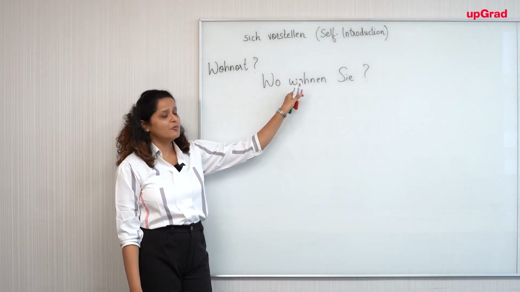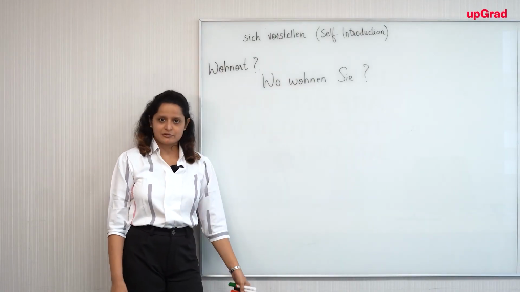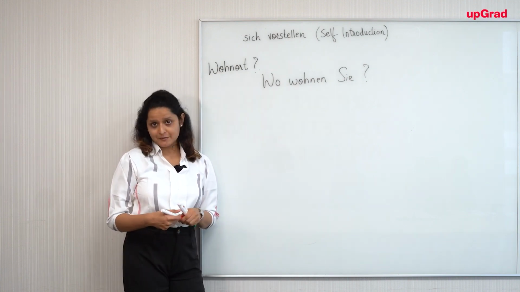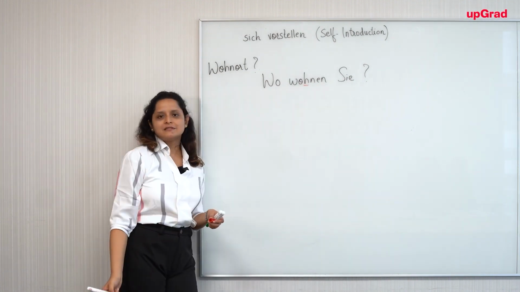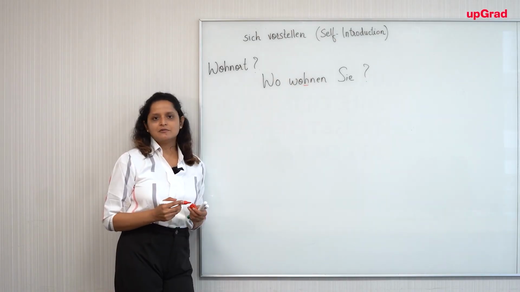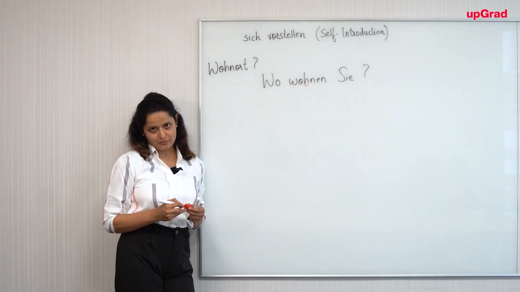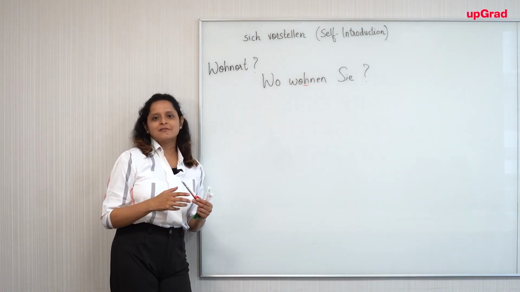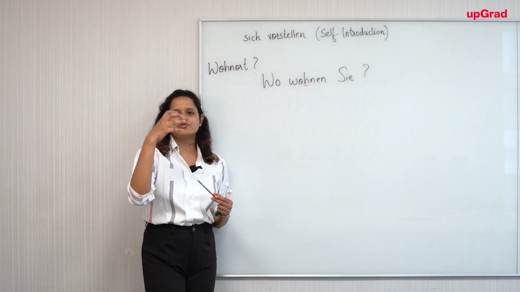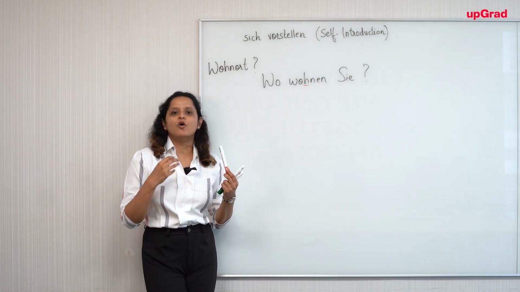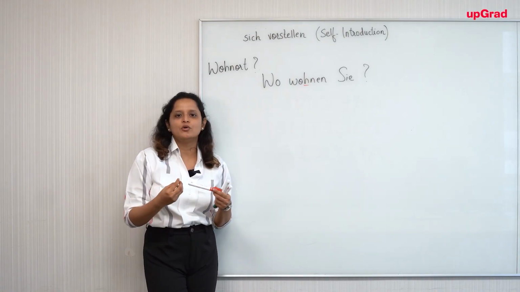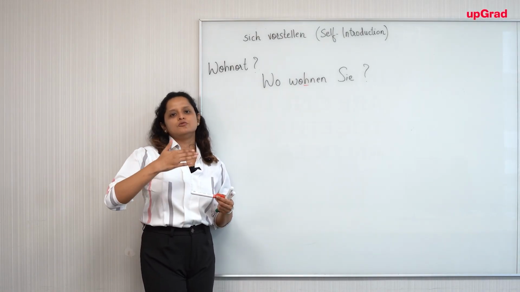If you look at the verb wohnen, wohnen means to live. And if you look at the pronunciation of it, this h is pronounced very subtly. So whenever you have the sound of h in Deutsch, the pronunciation is very subtle. We do not stress on that h a whole lot. It's subtle, it's smooth.